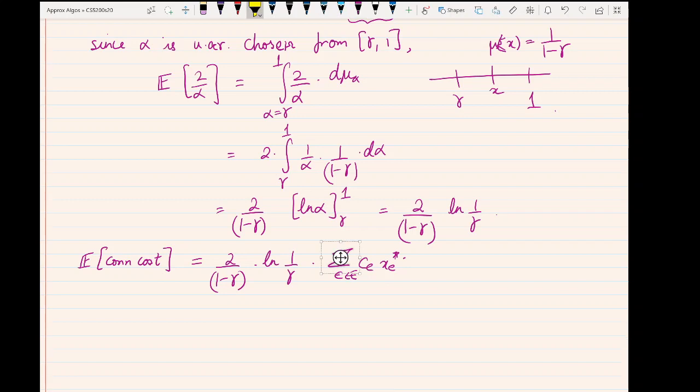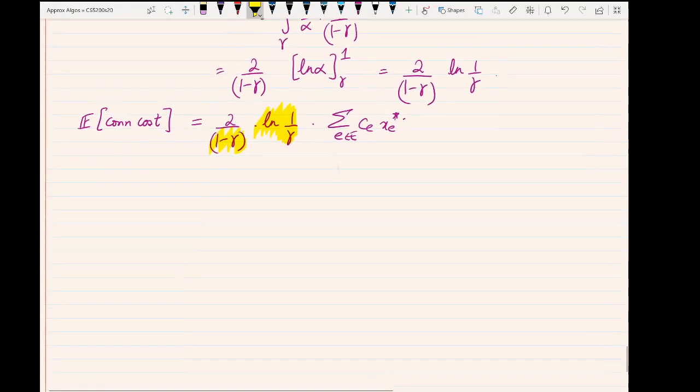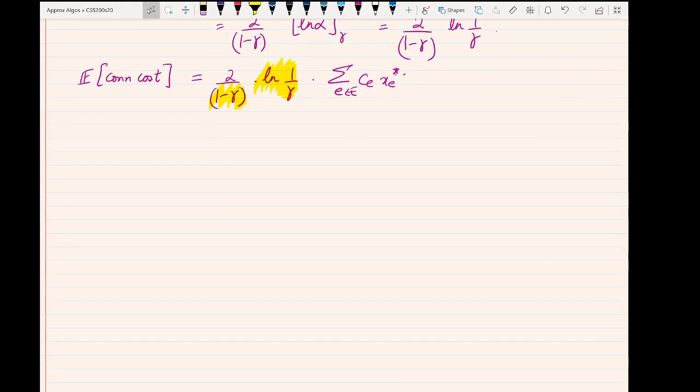We have gained this factor over our deterministic algorithm. We next go for the penalty costs. Okay, so what are the vertices that we leave out?